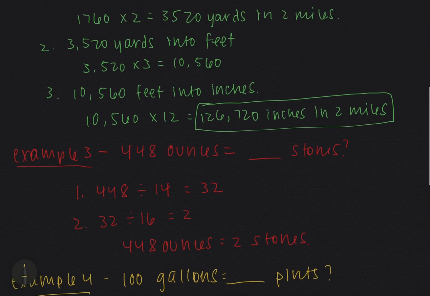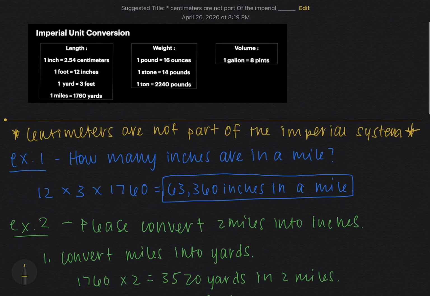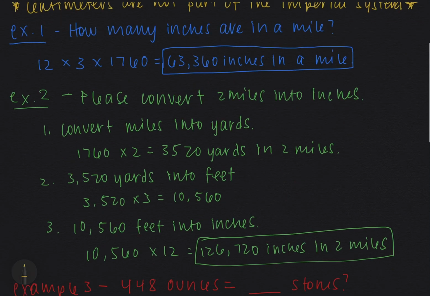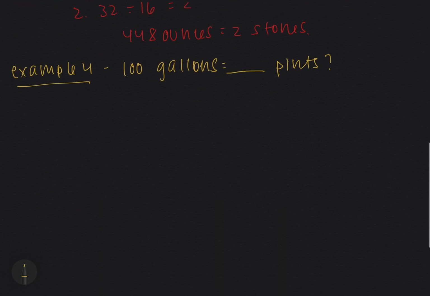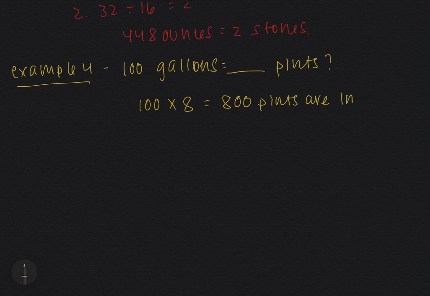Okay, so let's go back up here to the top, and we know that 1 gallon is equal to 8 pints. So in order to find out how many pints are in 100 gallons, all we're going to do is take 100 times 8, and we're going to get 800 pints in 100 gallons.